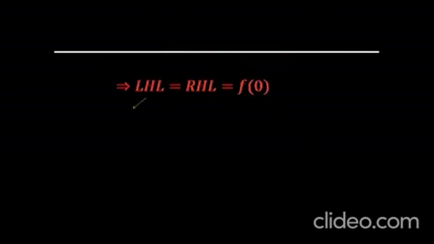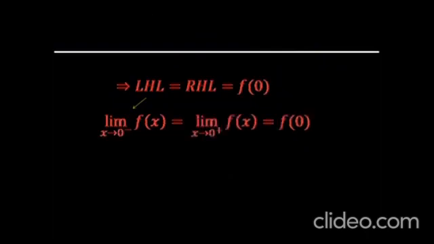Afterwards, you write the left hand limit value, limit x tends to 0 minus f(x), which is equal to the right hand limit. The right hand limit value is limit x tends to 0 plus f(x). This is equal to f(0).